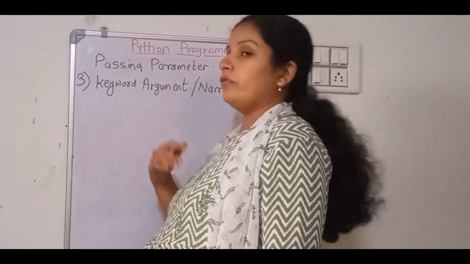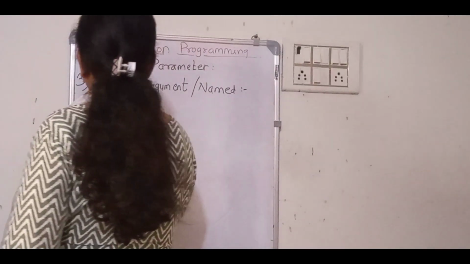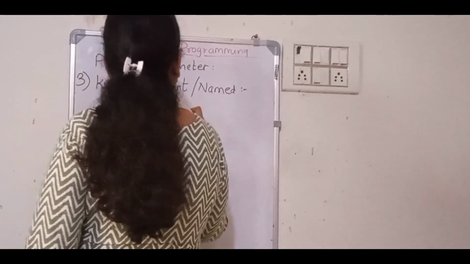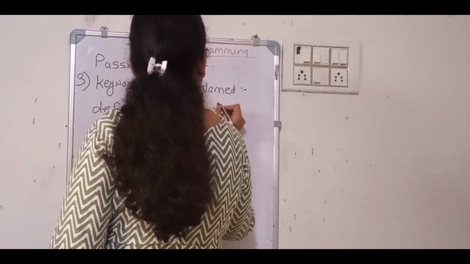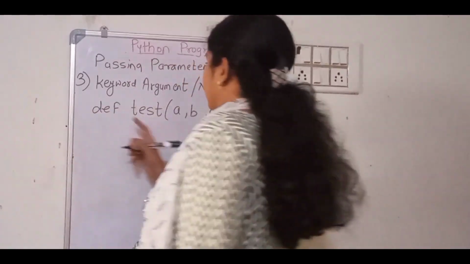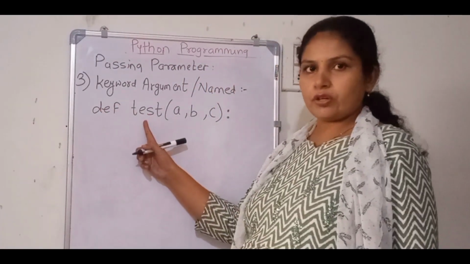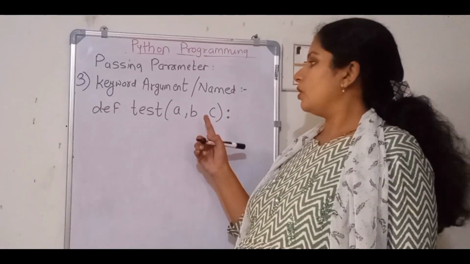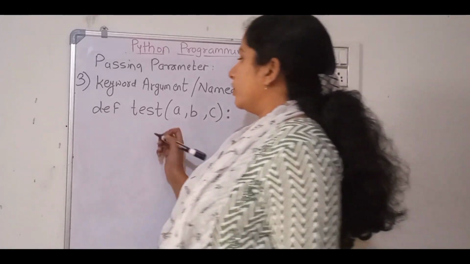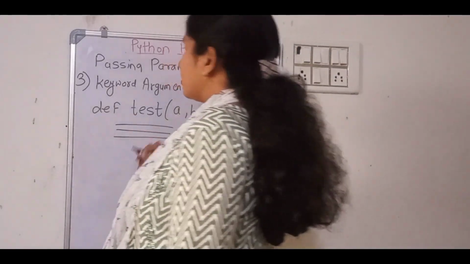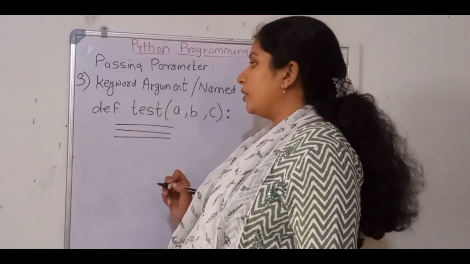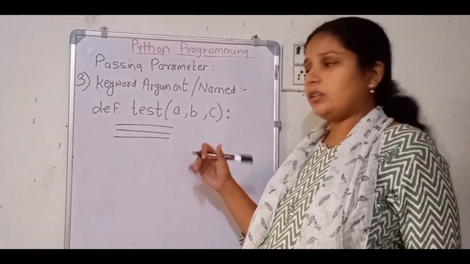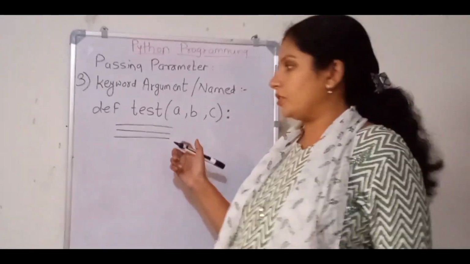So here we will take some examples. Suppose def test, and we are taking three parameters here. So def test, your function name, and A, B, C are the three parameters of the function. Here the statements are to be executed. Now keyword arguments are used while calling the function.